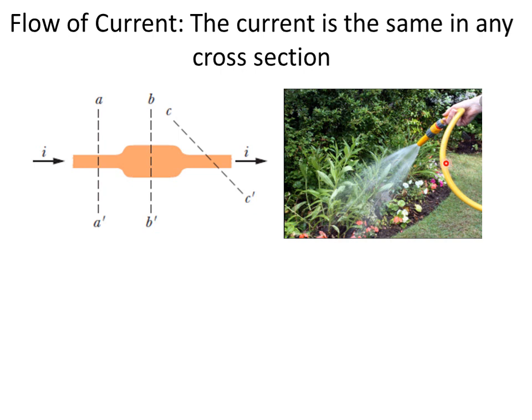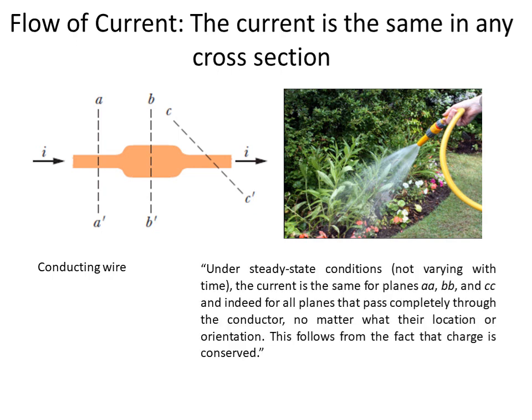Take this analogy and apply it here. We state that under steady conditions, meaning when the current doesn't change with time, the current is the same for the planes AA dash, BB dash, and CC dash, and all planes pass completely through the conductor, of course.